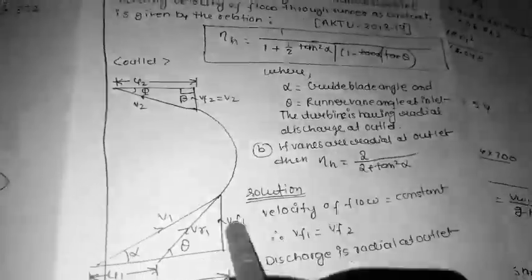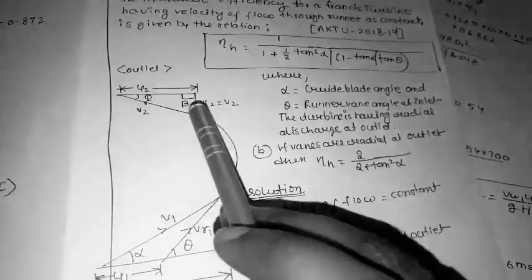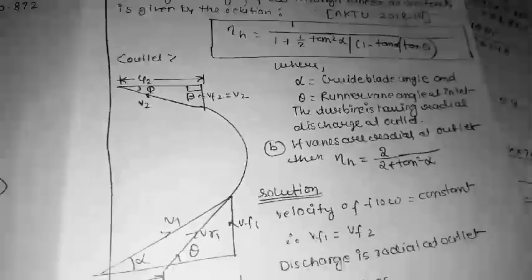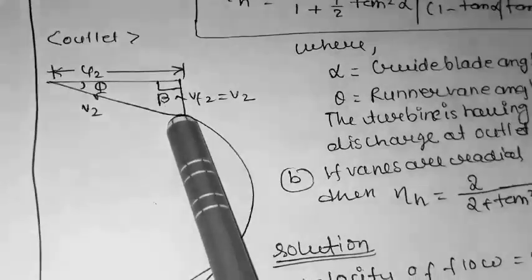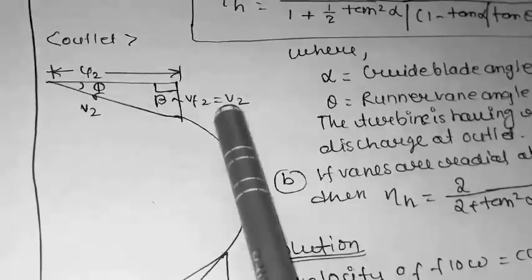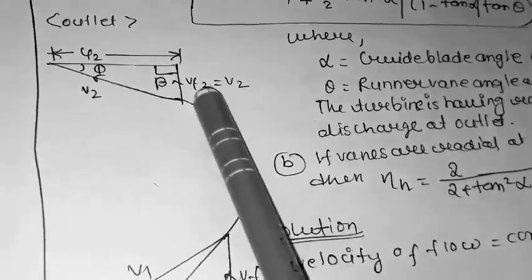Now here this is the velocity triangle for the reaction turbine. As you can see, beta is equal to 90 degree at outlet, Vf2 is equal to V2. Why? Because the discharge is radial at outlet.